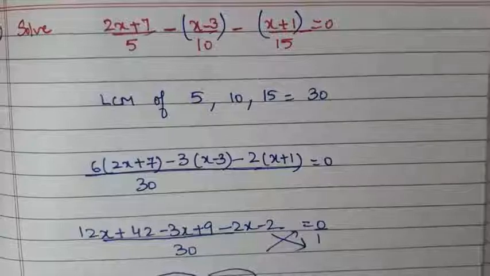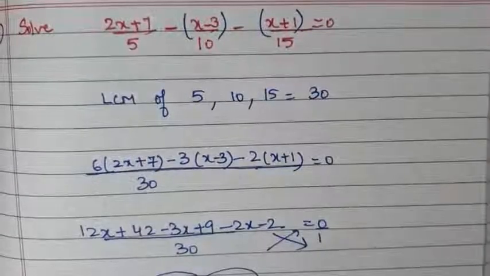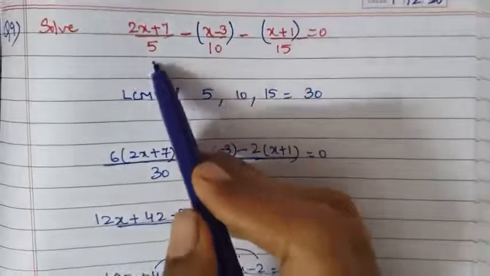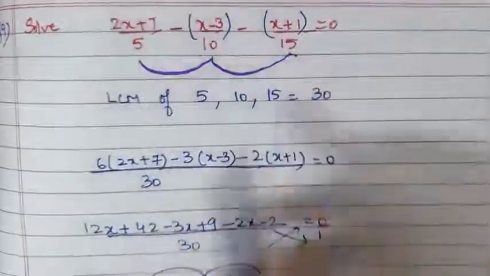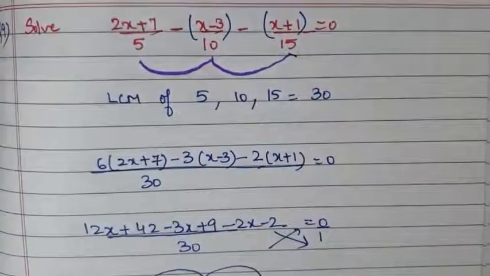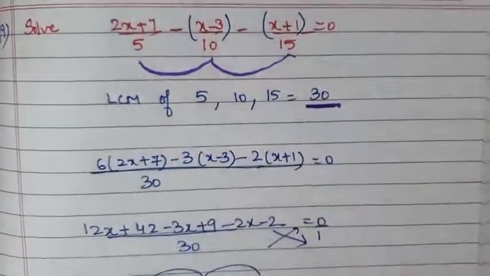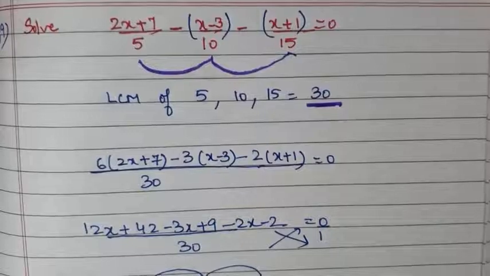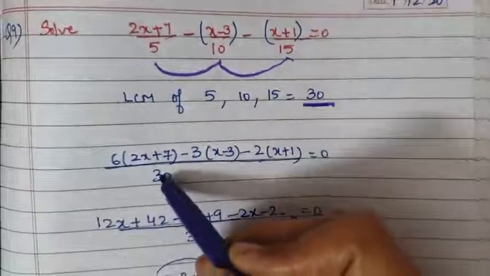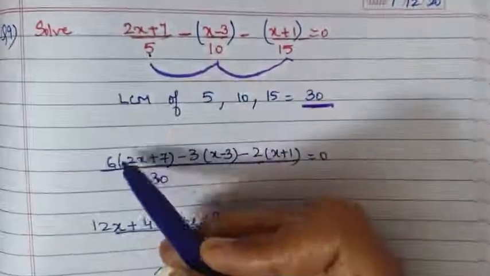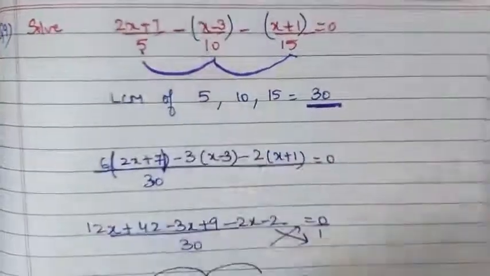Clear? Now the next question is also same. First of all, we will take the LCM of the denominator terms. What is the LCM? The LCM is 30. So now 30 on division with 5, 6. 6 will multiply with this bracket.